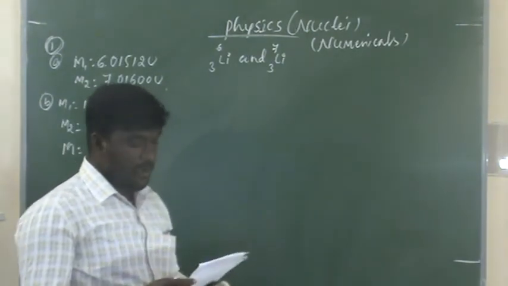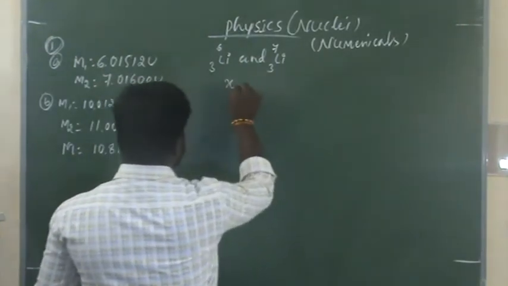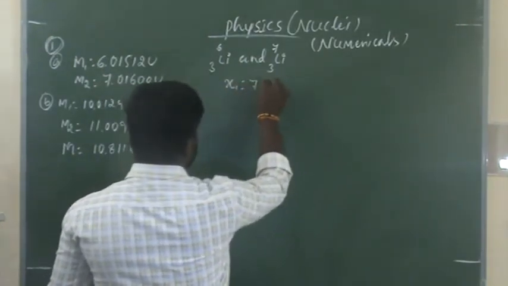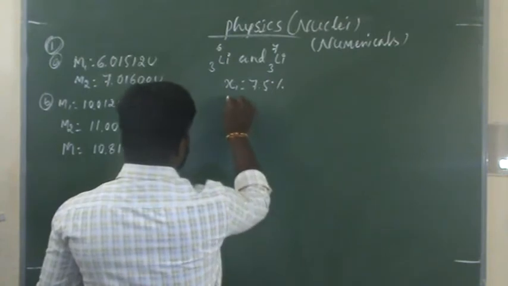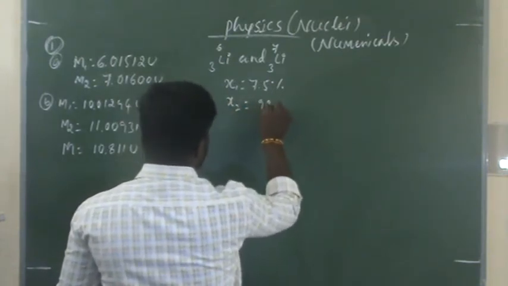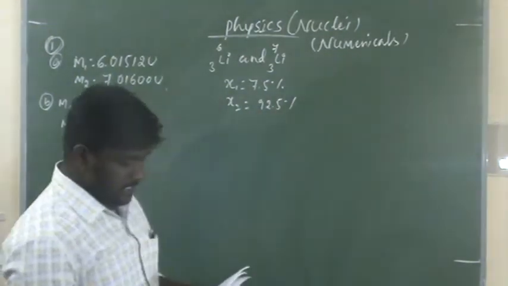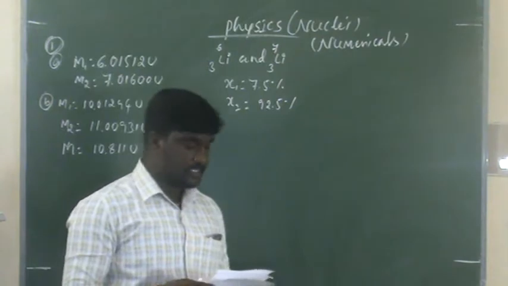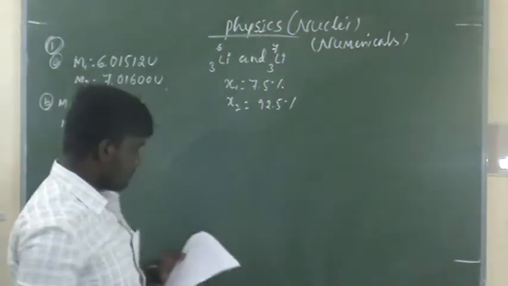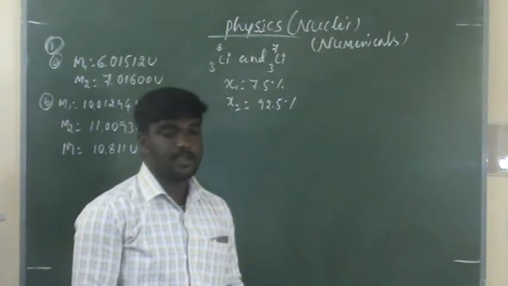They are also given abundance: X1 equals 7.5% and X2 equals 92.5%. Next, the isotopes' masses are also given, and we have to find the atomic mass of lithium.